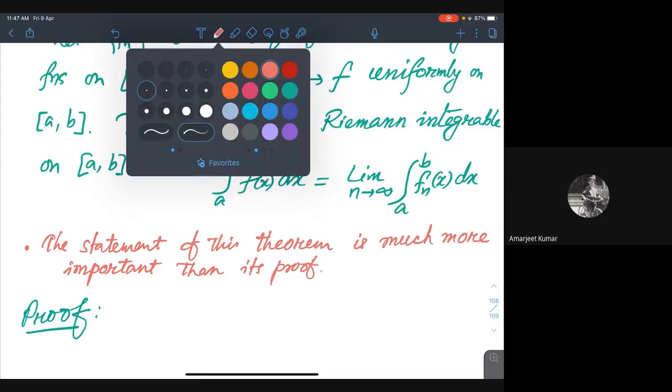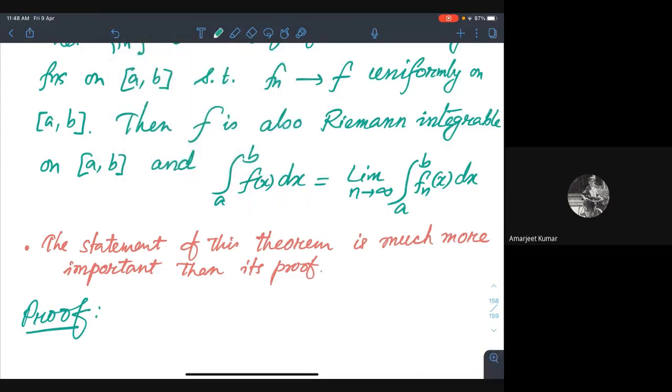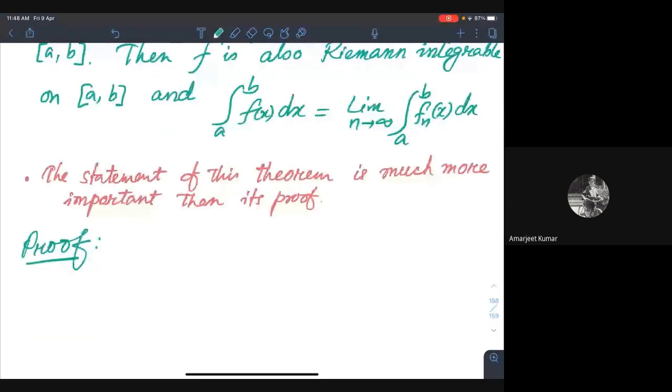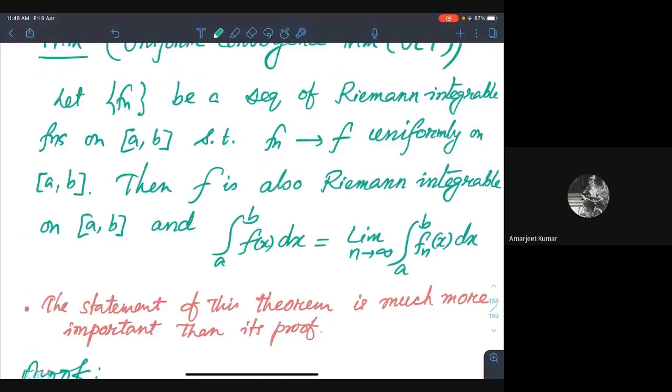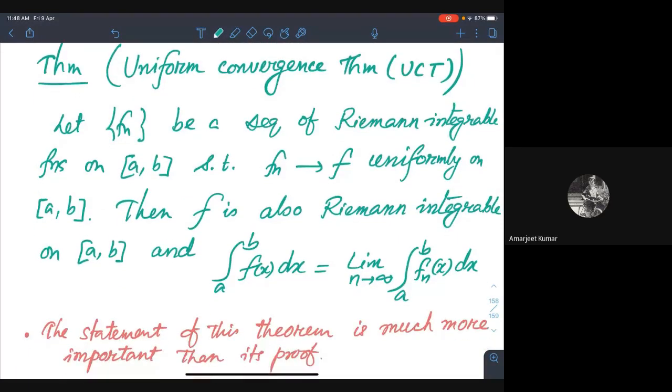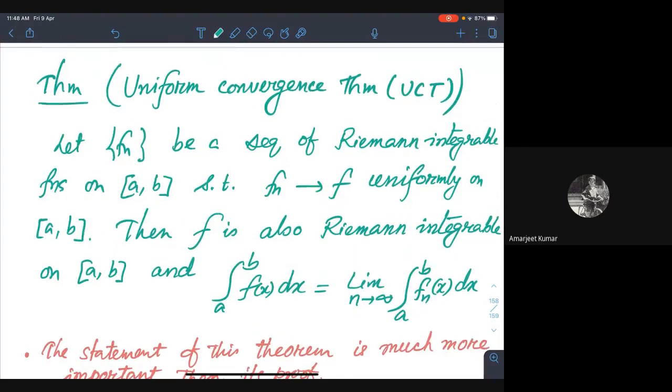I'm giving the proof for the record. It's very simple, not difficult at all. But the proof is not that important. The statement is very important. So it is important to understand the statement and try to apply it in a few situations.